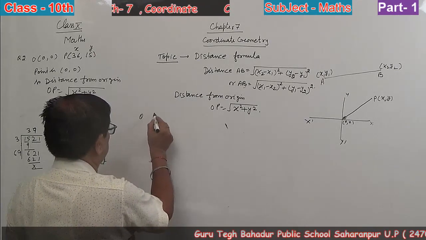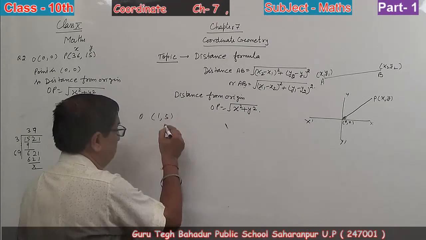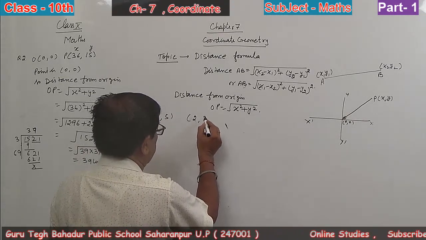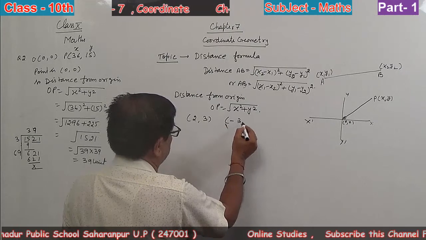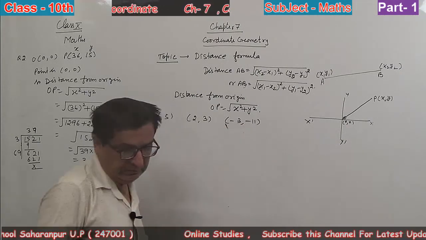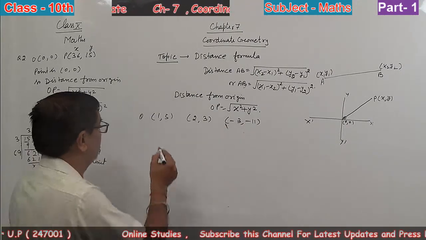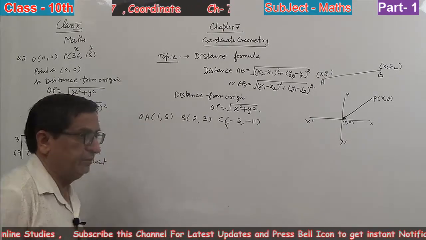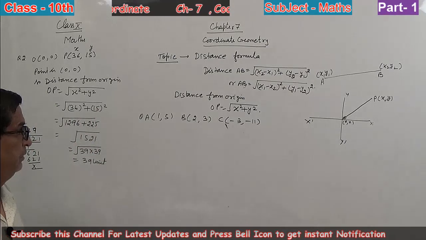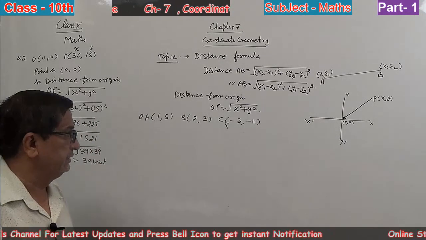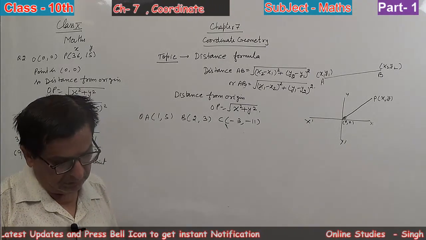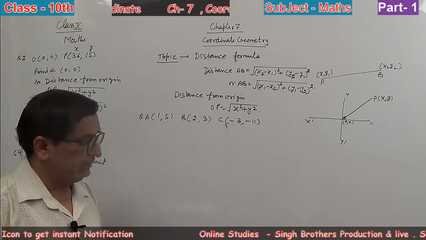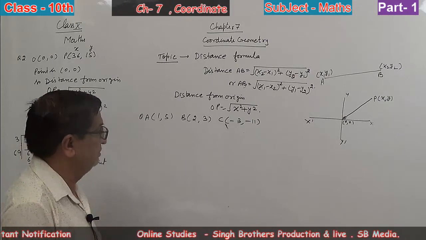These are the 3 points A, B and C. If the sum of two distances is equal to the third distance, then the points will be collinear.